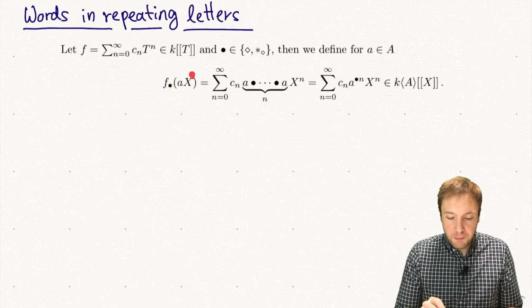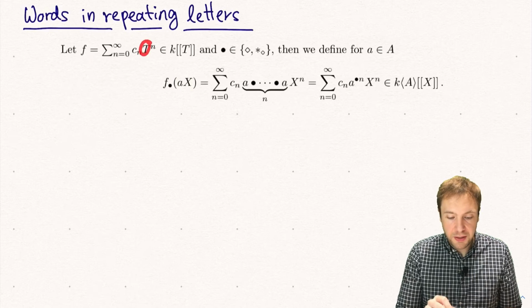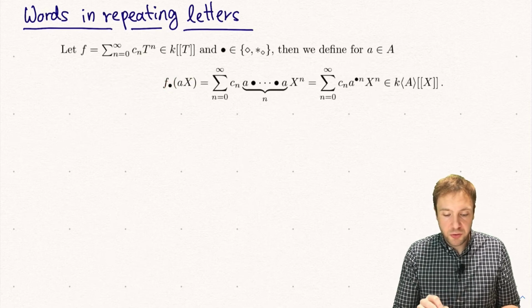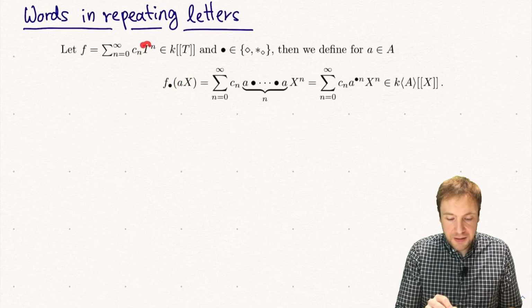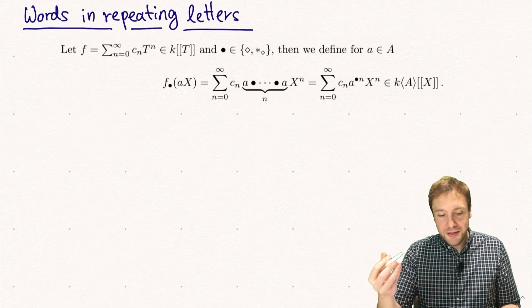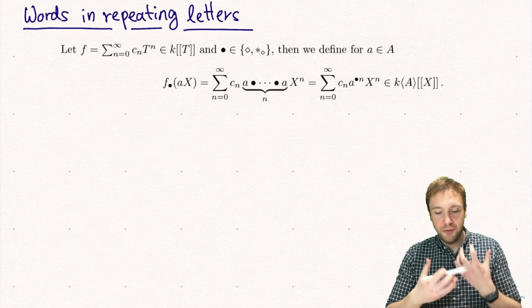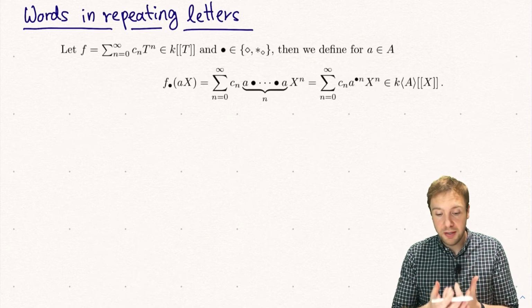So we plug a x into this power series, replacing T by a x, and this bullet tells us what to do with the a, because we plug it into T to the n, so we need to say what we mean by a to the n, since there are different products we could use for a letter.